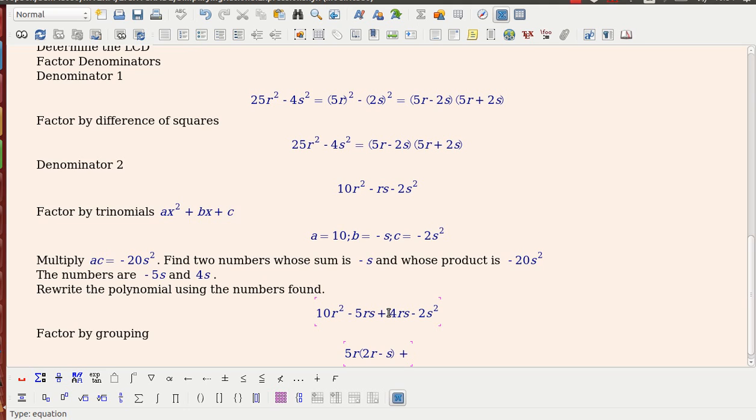Plus, now the second group, we have 4rs minus 2s squared. The GCF is 2s. Which is the factor that multiplied by 2s gets 4rs? 2r minus s again.